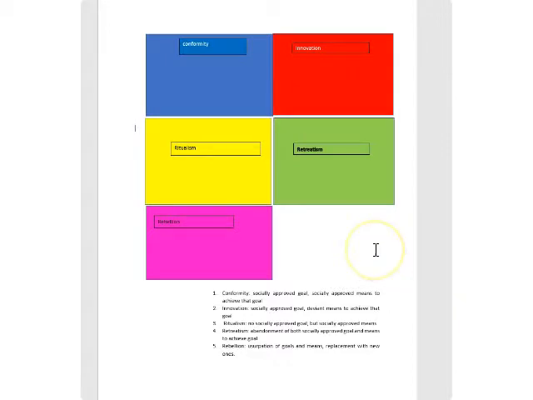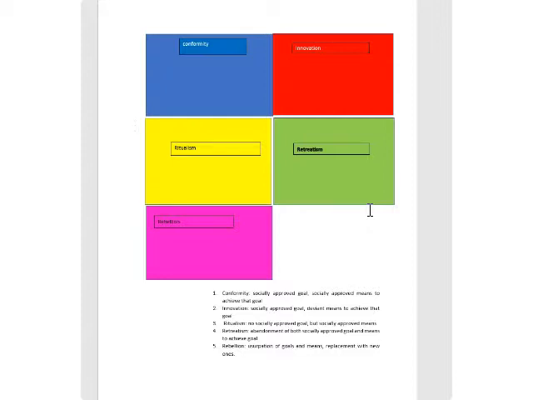Okay, in this diagram, what we're looking at is Merton's typology of deviance and conformity. Remember that a dysfunction occurs when there is a split or a disconnect between culturally approved goals and culturally approved means to attain those goals.